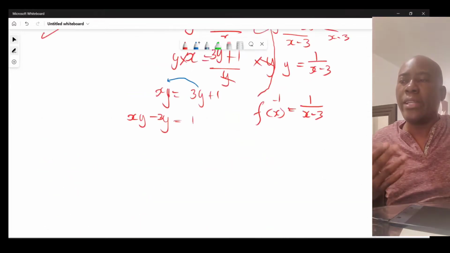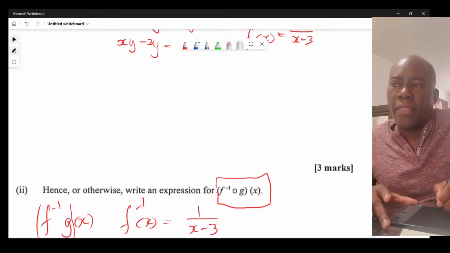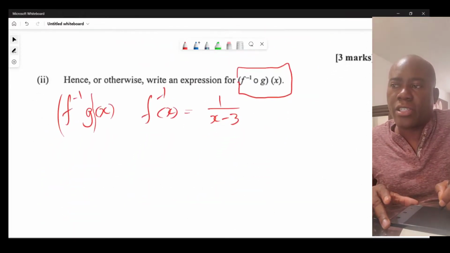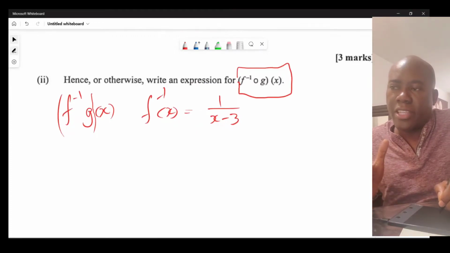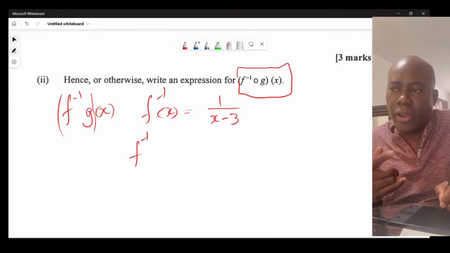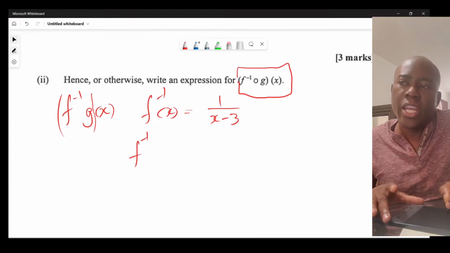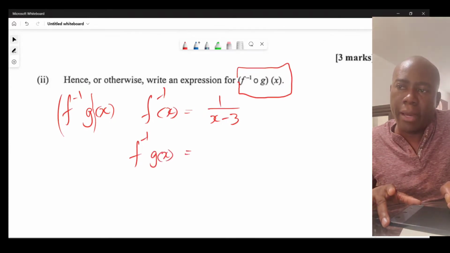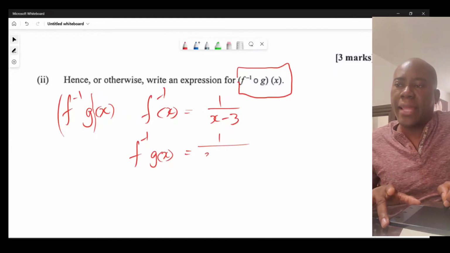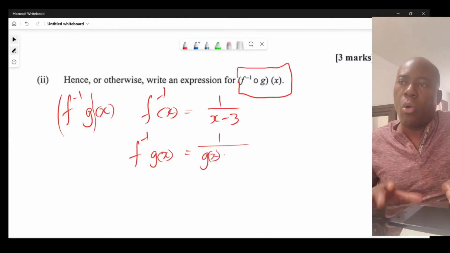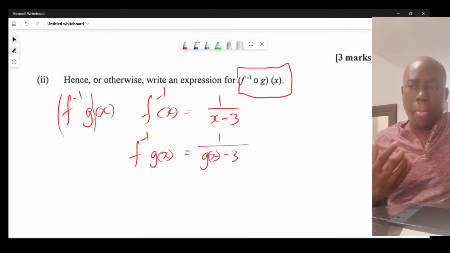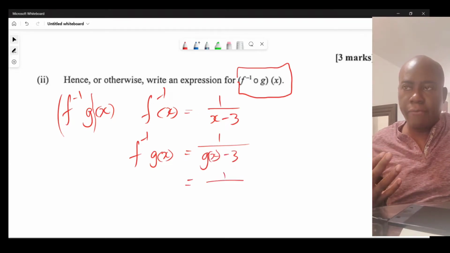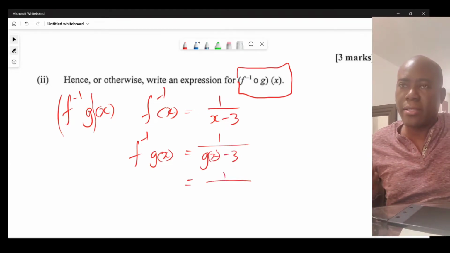What we're required to do here is the composite function, the inverse of f. We want to have the g function in the inverse function, so we put the g function anywhere we see the x. So it's 1 over whatever the g function is. The g function is e^(-2x) + 1.